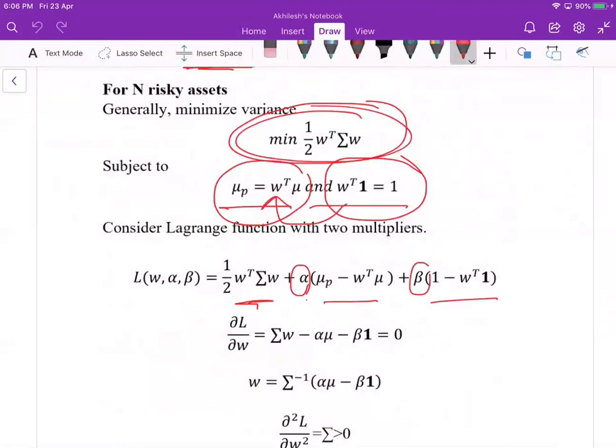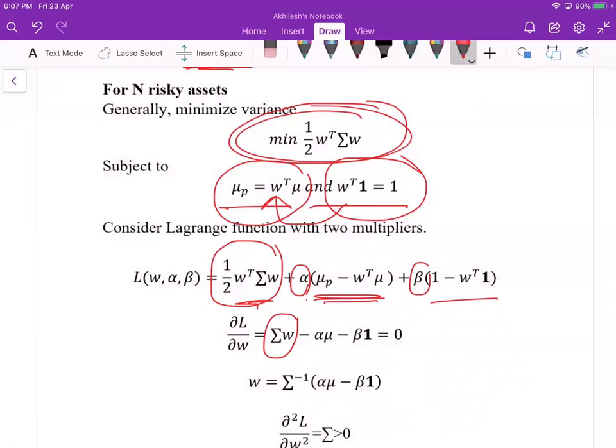When we differentiate with respect to w, this term becomes w into sigma. Okay. And from this term mu p is constant, so it becomes 0. And here when we differentiate w, just mu will be left, because we are differentiating with respect to w. Okay. So minus alpha mu, similarly from here, minus beta into 1.